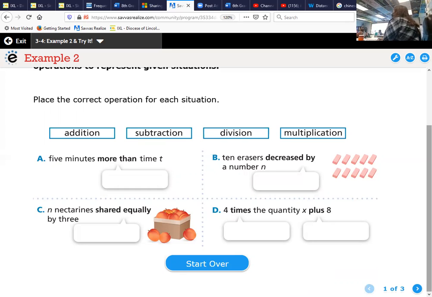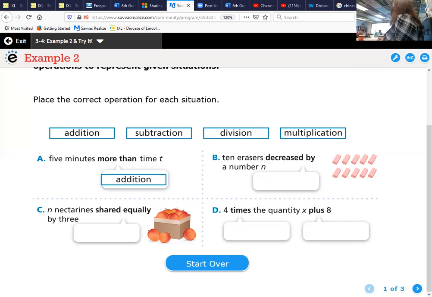A says 5 minutes more than time T. If I'm showing 5 more, am I going to add, subtract, multiply, or divide? Mackie: correct. More than means to add.